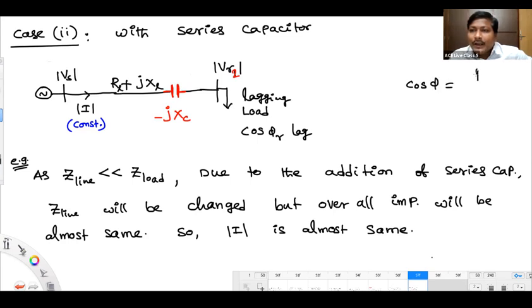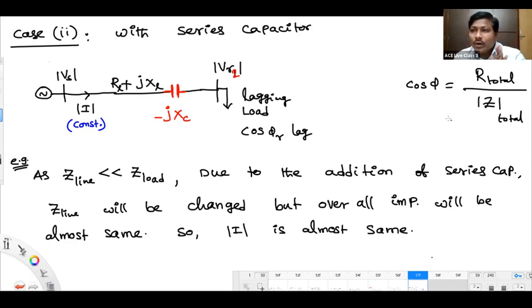Power factor will be the total resistance value by the magnitude of the Z total. Getting this? R by Z. See, R total is almost the same, no? The resistance value of the circuit, total of line and load, is almost the same.